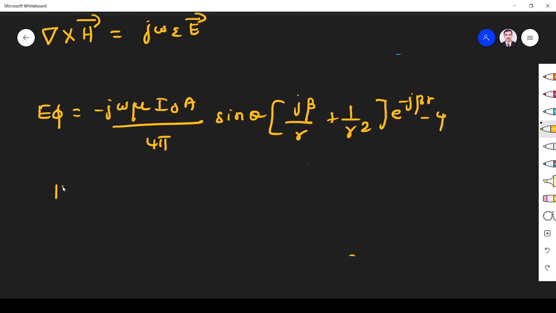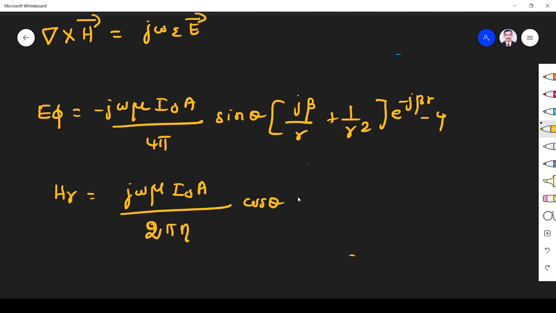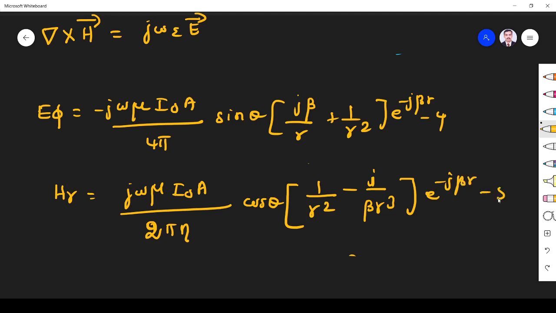Similarly, H r is given by j omega mu I naught A divided by 2 pi eta, cos theta, 1 by r squared minus j by beta r cube, e power minus j beta r. This is equation 5.